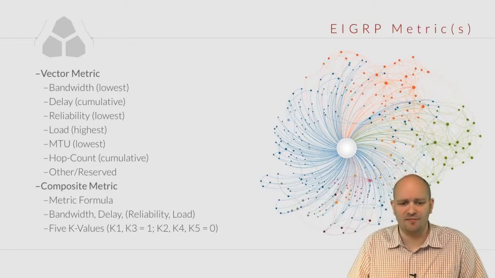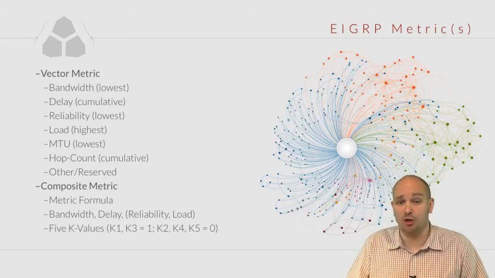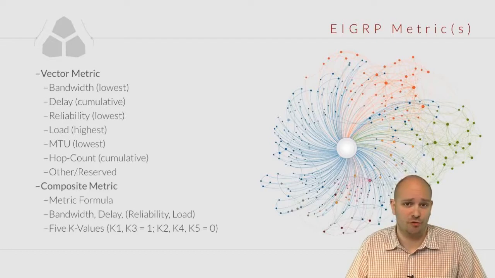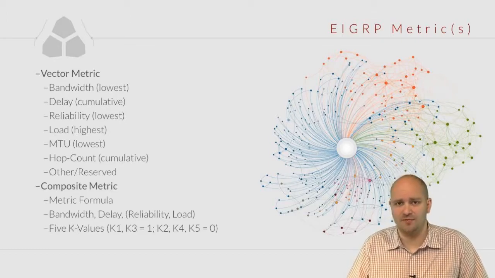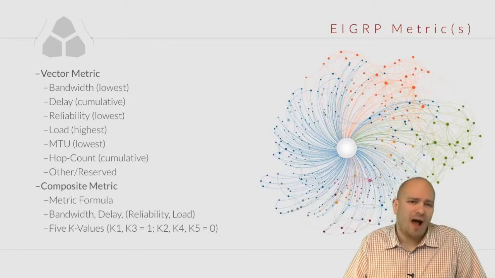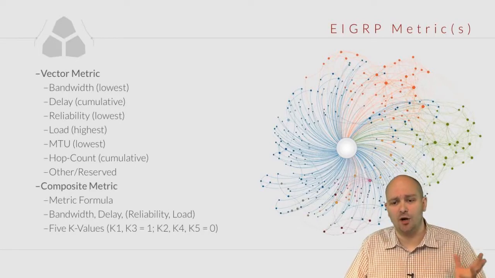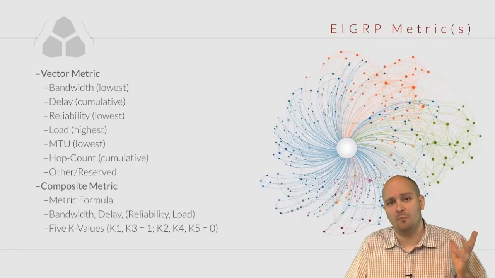And of these K values, by default, K1 and K3 are those that are going to have non-zero value. These are the values used to modify bandwidth and delay in some way. K values 2, 4, 5, and 6 for that matter have value 0. So how is this used together with our metric formula?